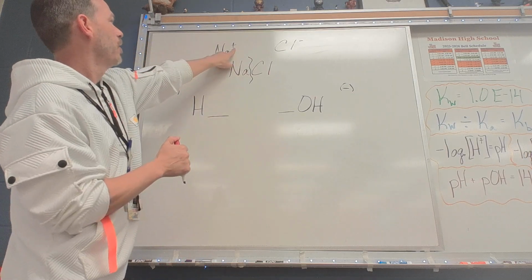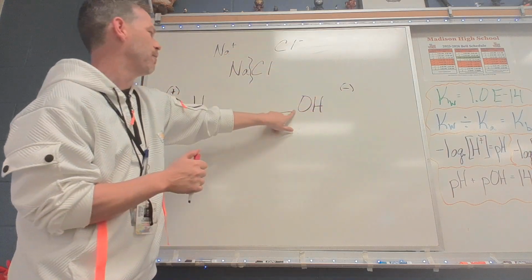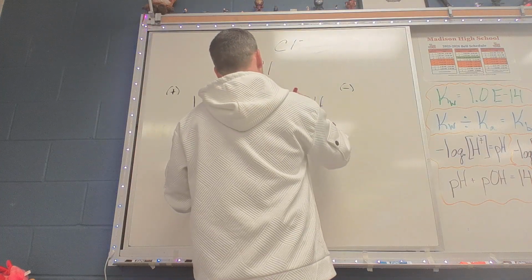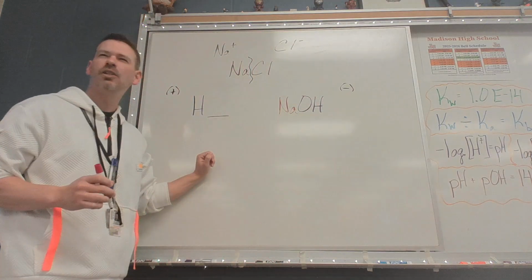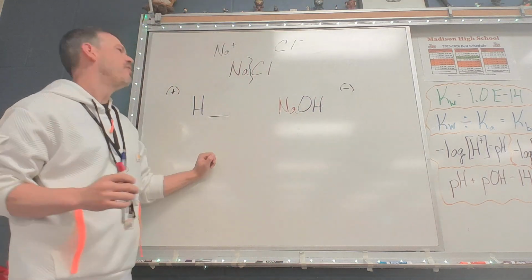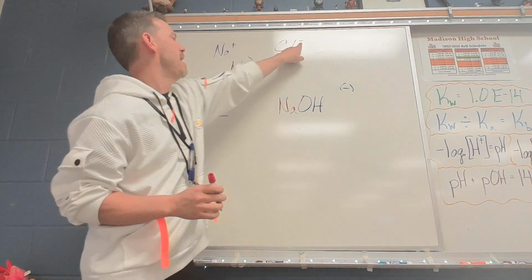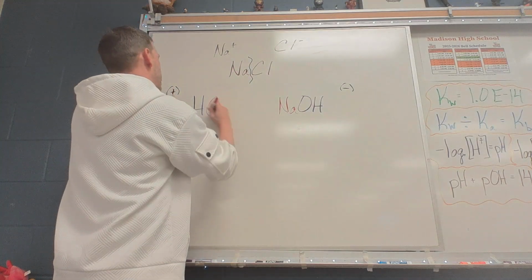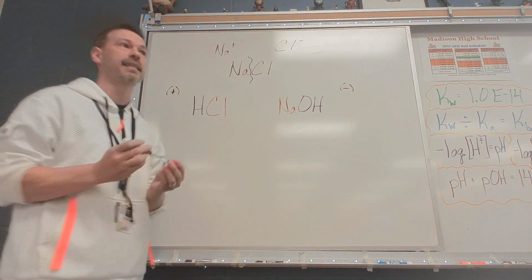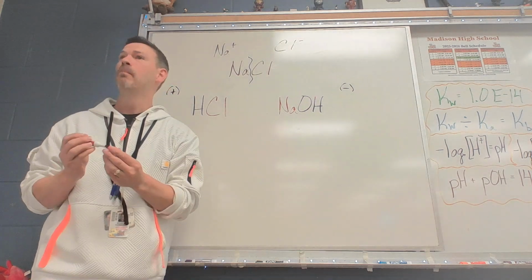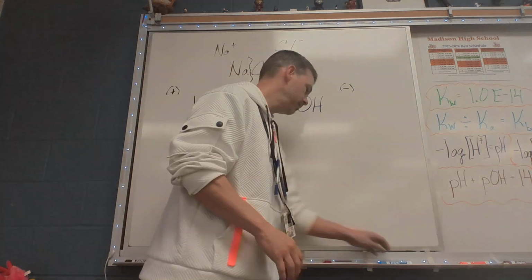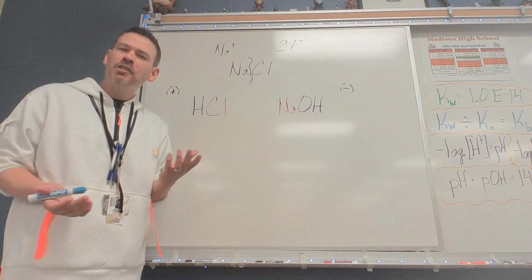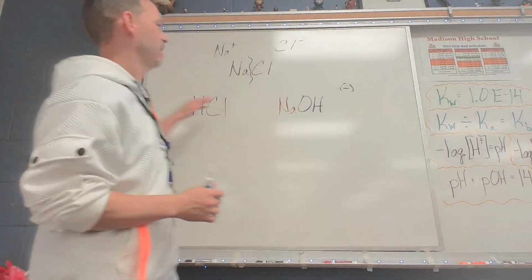The positive would have been attracted to the negative, meaning one of the parents is sodium hydroxide. Do you see how I got there? Yes. The other ion would have been negative, which would have been attracted to this dude, meaning the other parent is hydrochloric acid. I have found mom and dad. Now I just need to know their strengths.